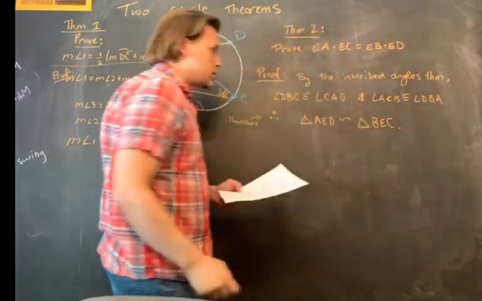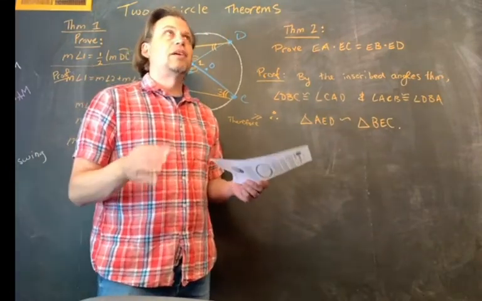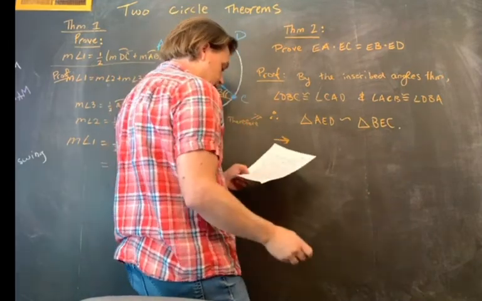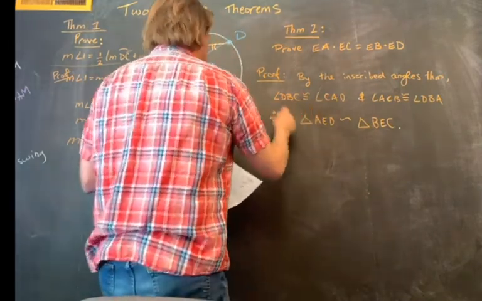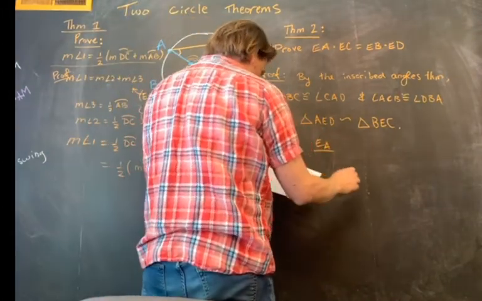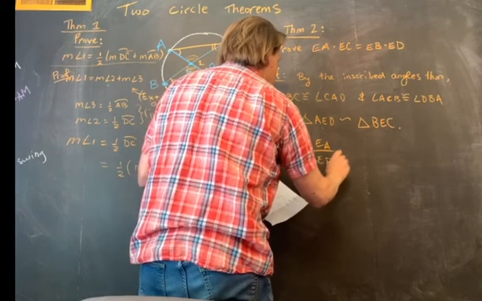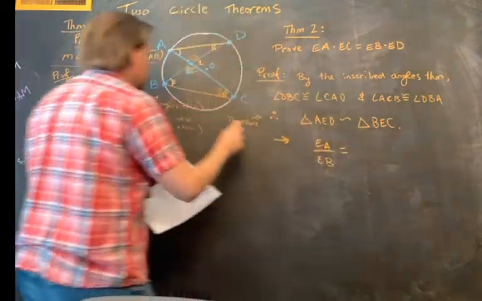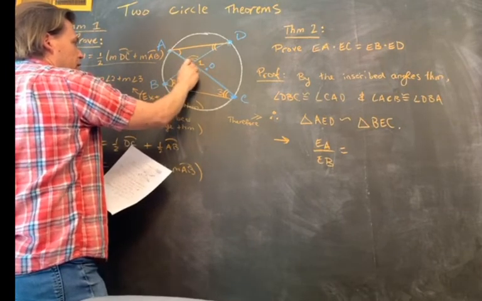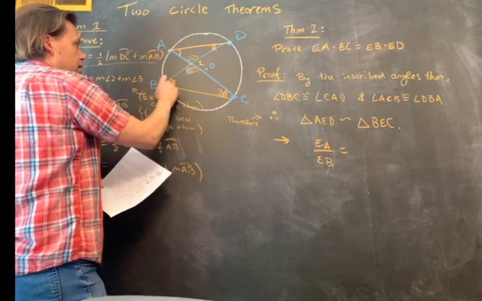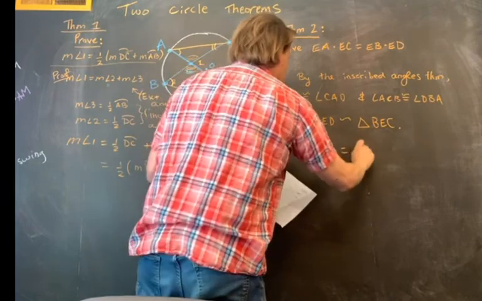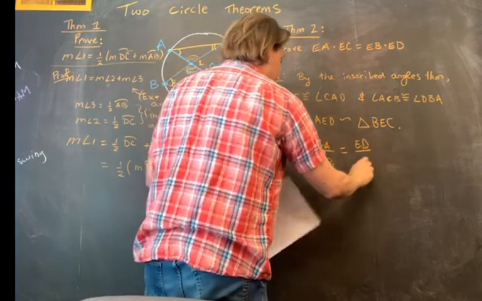and then corresponding parts of similar triangles say, so that means that EA over EB is equal to, so I'm looking at, here's the EA over EB, those are corresponding because they're between those two angles, is equal to ED over EC.